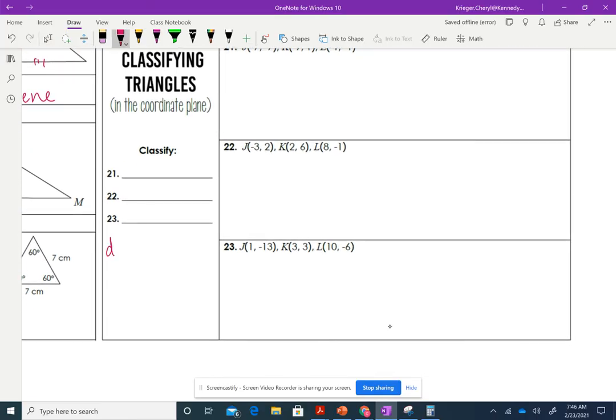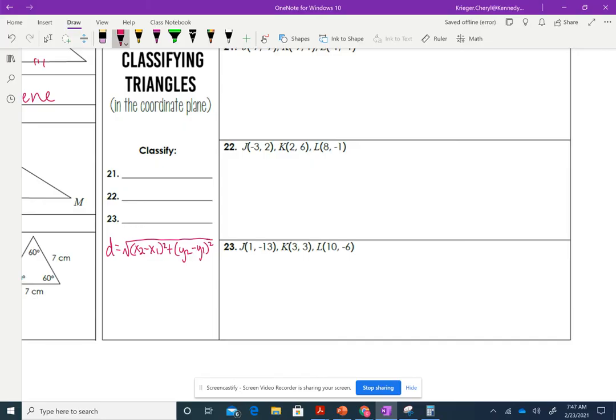Distance equals the square root of x2 minus x1 squared plus y2 minus y1 squared. And that's one that you should know. Just memorize it. You're going to need it in this class for your EOC and beyond.